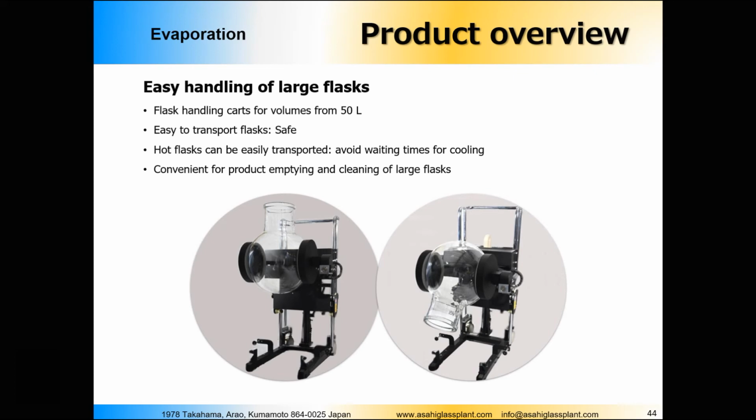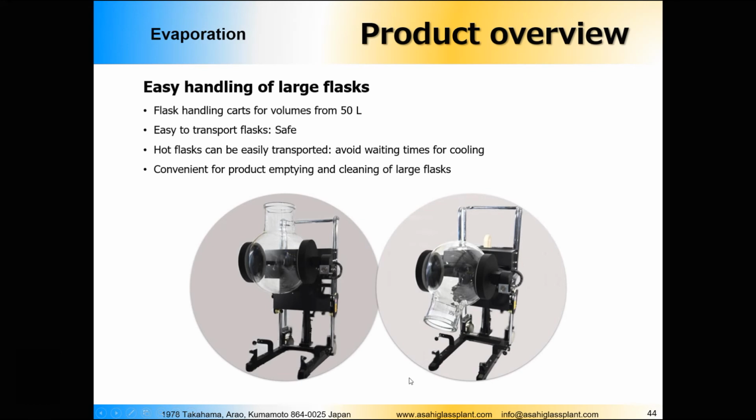But when we're talking about a 50-liter flask, it is absolutely impossible to operate with your own hands. The flask itself will be maybe 8 kilograms, and imagine you have 10 or maybe 20 kilograms of powder inside. You will definitely need some instrument to operate with the flask, and this is when you need a special cart. It looks like this.